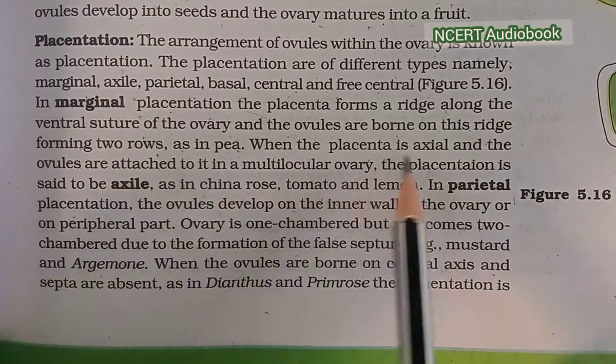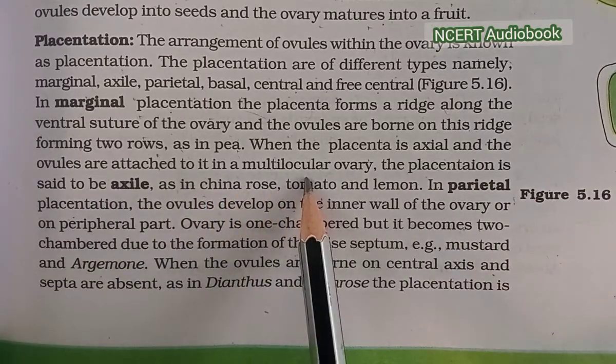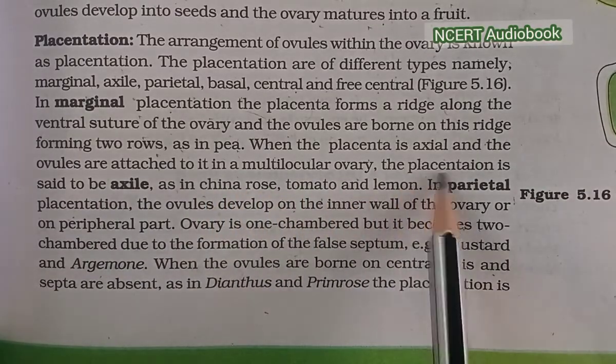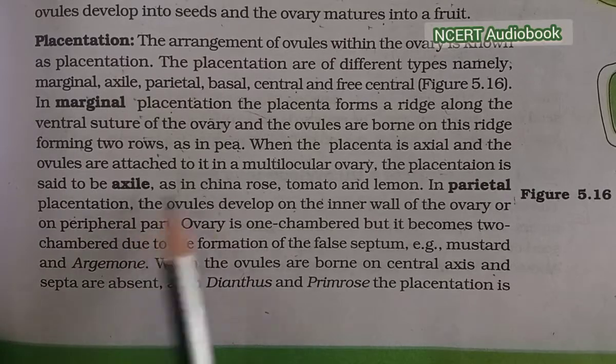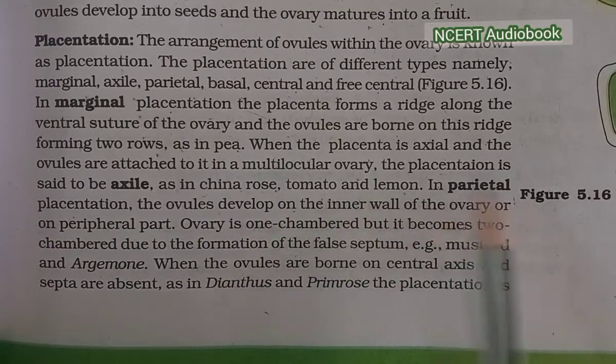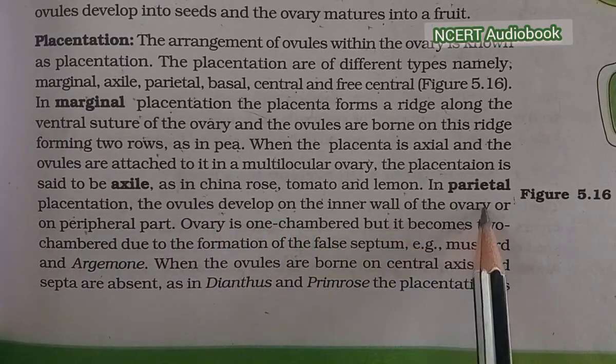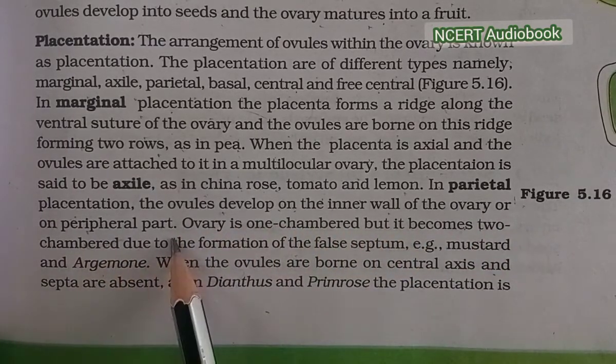When the placenta is axial and the ovules are attached to it in a multilocular ovary, the placentation is said to be axial, as in China rose, tomato and lemon. In parietal placentation, the ovules develop on the inner wall of the ovary or on the peripheral part.